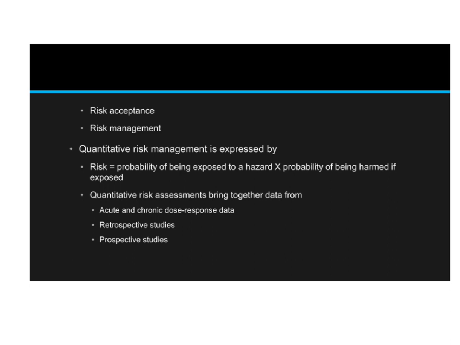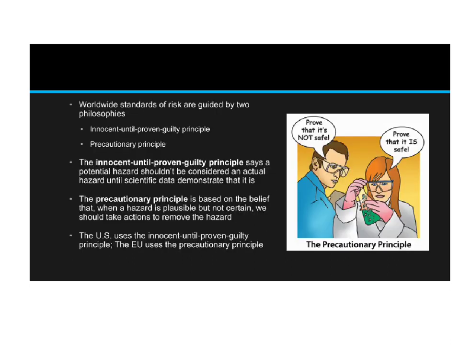And again, if your probability of being exposed is high, but the probability of being harmed by that toxin or by that risk is low, then again, the risk is lower. Quantitative risk assessments bring together data from acute and chronic dose response data, retrospective studies, and prospective studies, which is why we talked about all those before we talked about risk assessment.